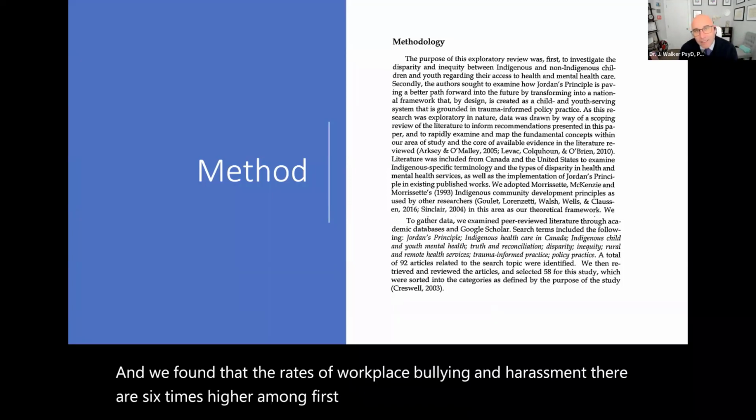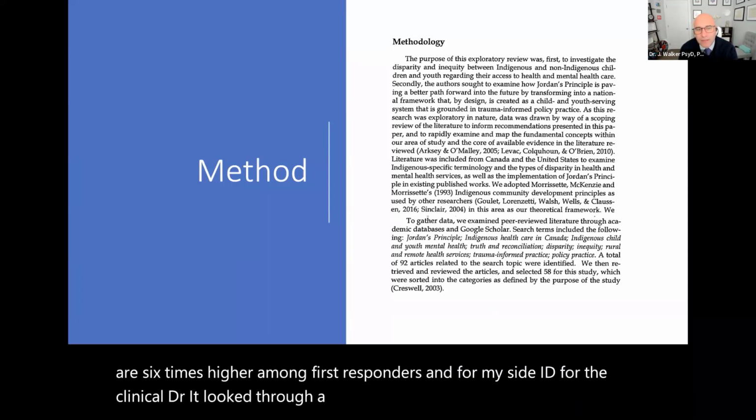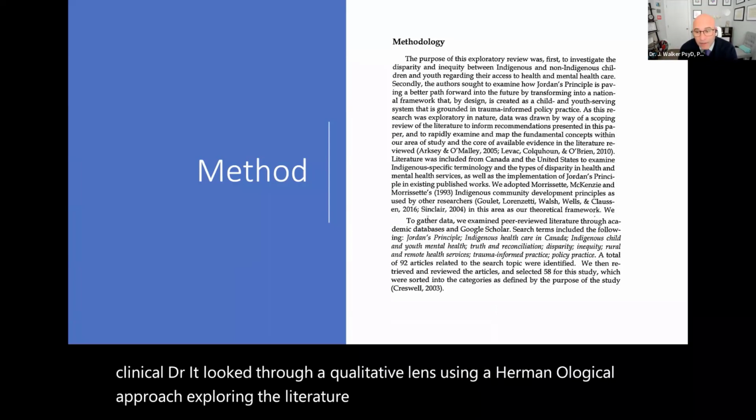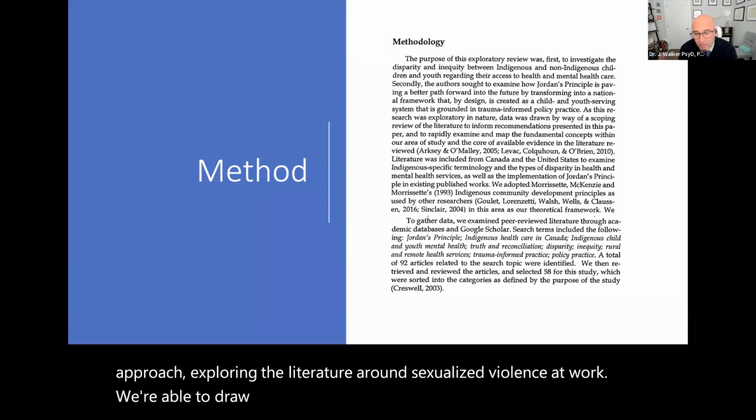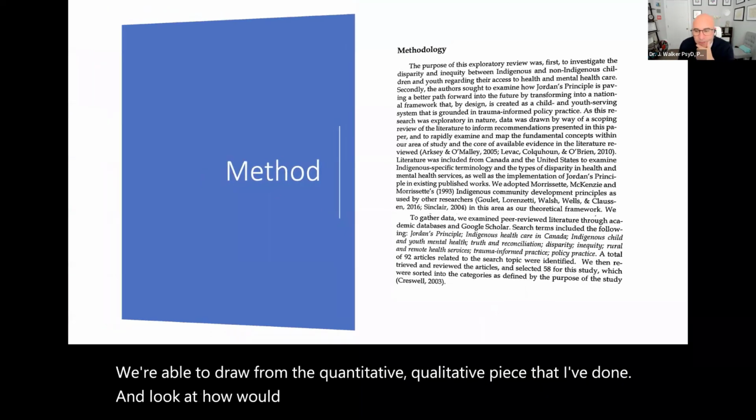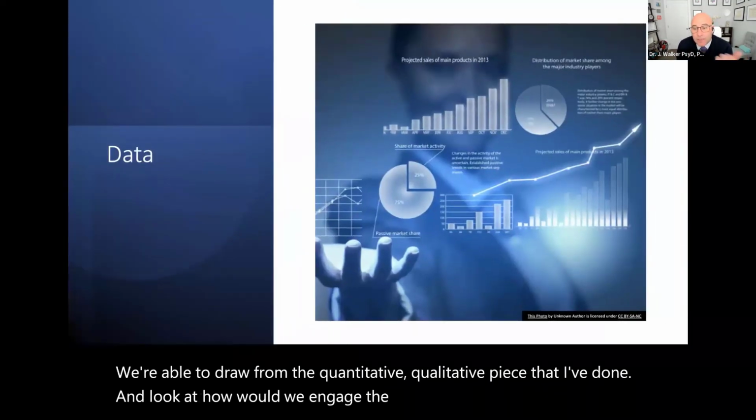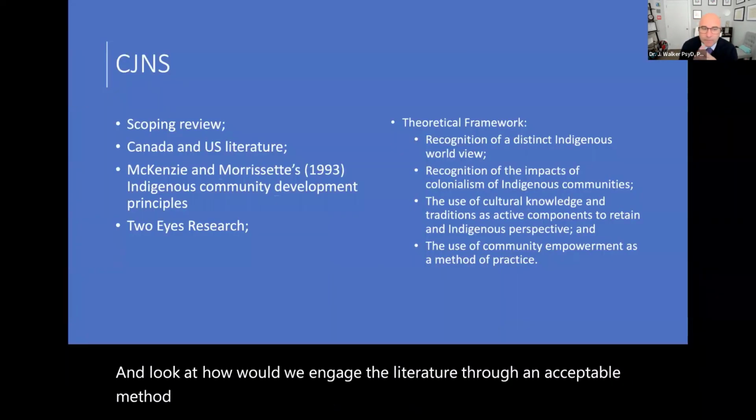And for my PsyD, for the clinical doctorate, I looked through a qualitative lens using a hermeneutical approach, exploring the literature around sexualized violence at work. And we're able to draw from the qualitative piece that I'd done and look at how would we engage the literature through an acceptable method. And we were able to do that.